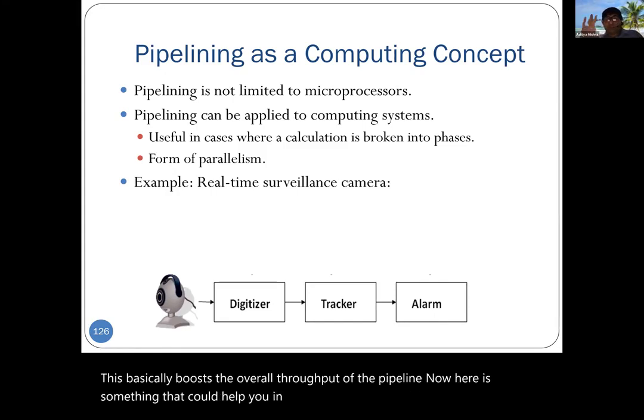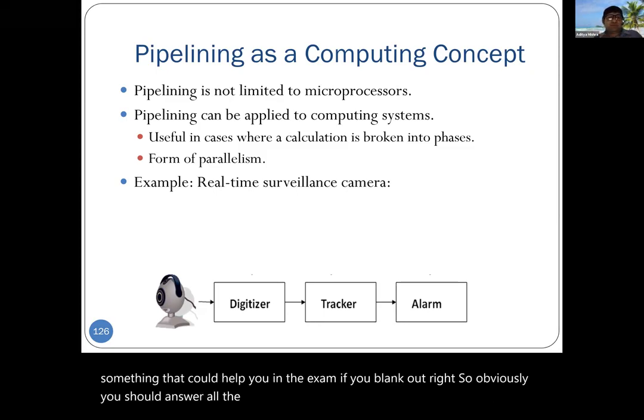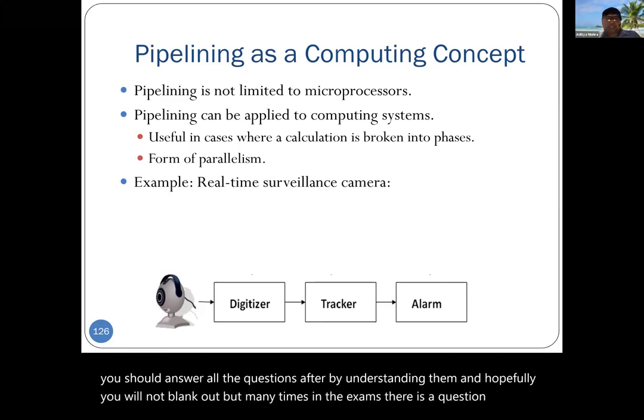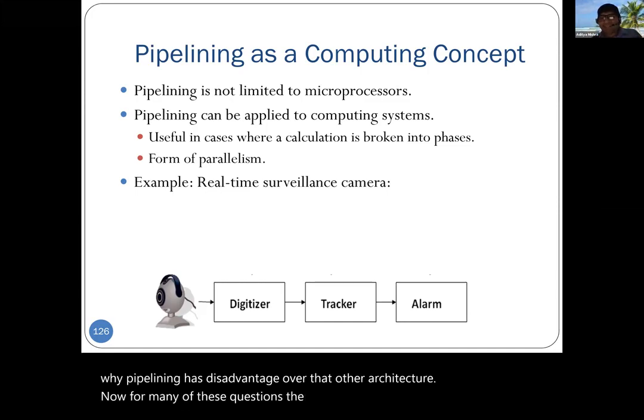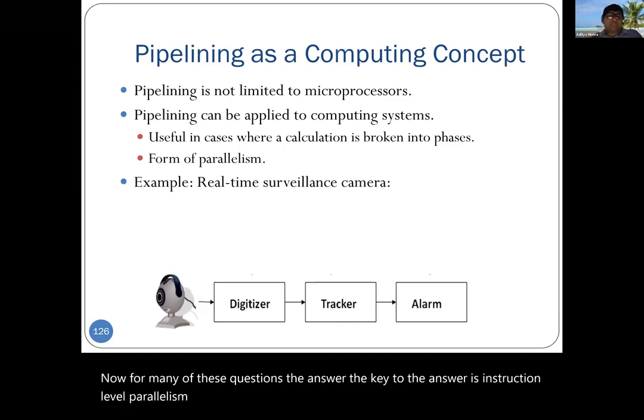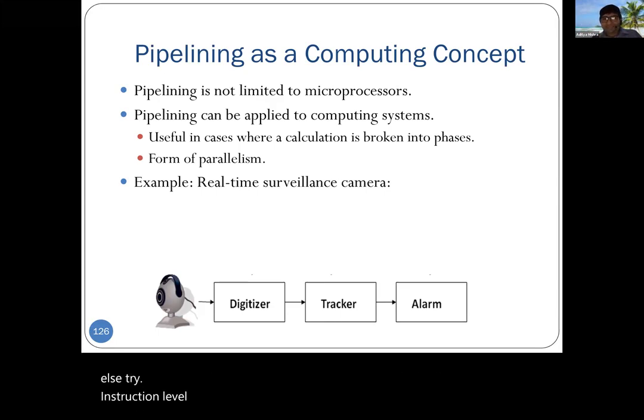Obviously you should answer all the questions by understanding them, and hopefully you will not blank out. But many times in the exams there is a question asking for why pipelining has this advantage over that other architecture. Now, for many of these questions, the key to the answer is instruction level parallelism. Okay, many, right? Not for all. So if you don't remember anything else, try instruction level parallelism. Okay, it is likely you will get it right.